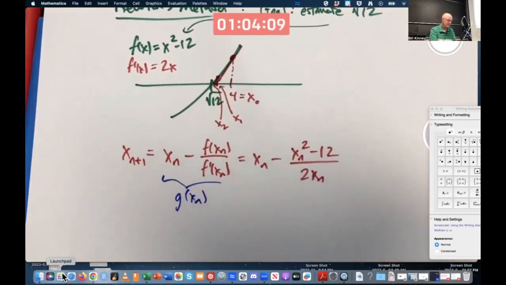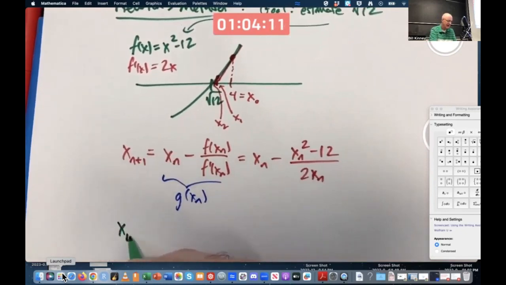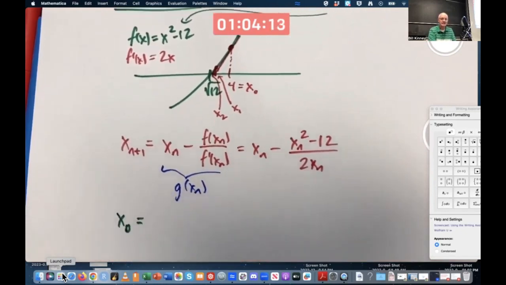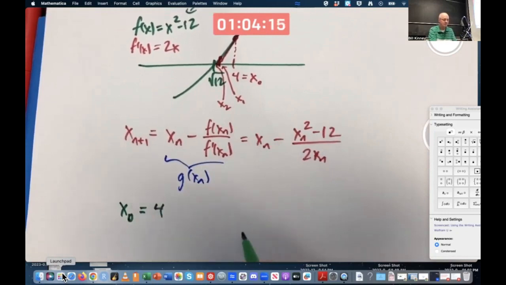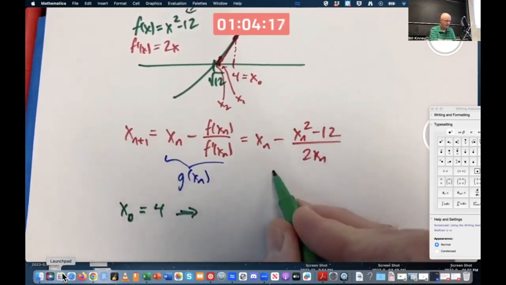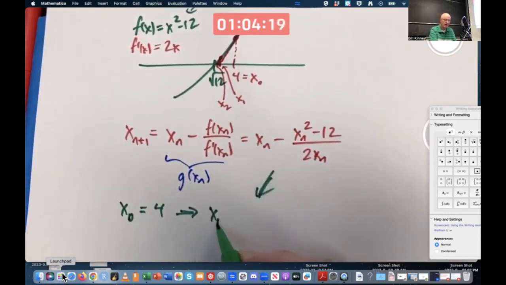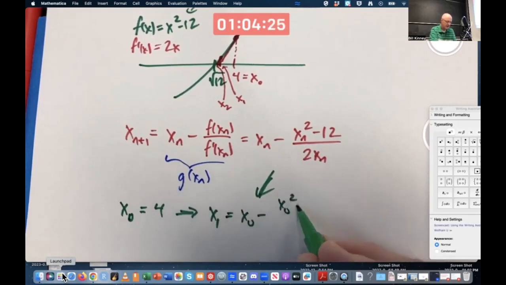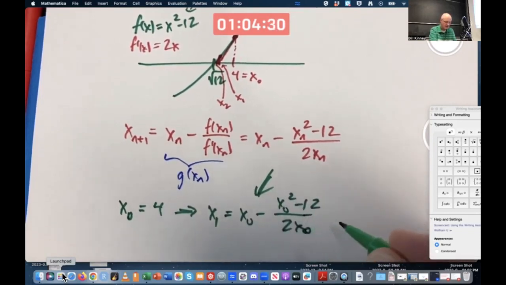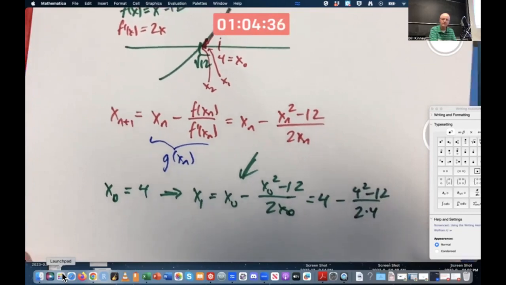So, for example, if x sub 0, the seed, is 4, this implies that x1, the next value of x, is x0 minus x0 squared minus 12 over 2x0. Since x0 is 4, that's 4 minus the fraction 4 squared minus 12 over 2 times 4.